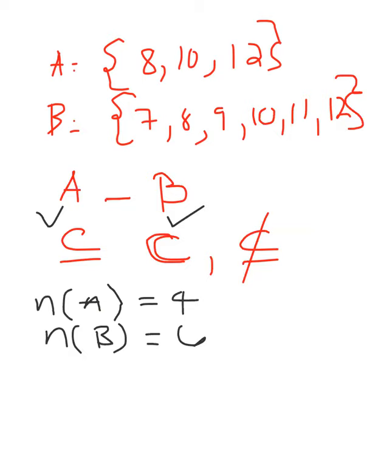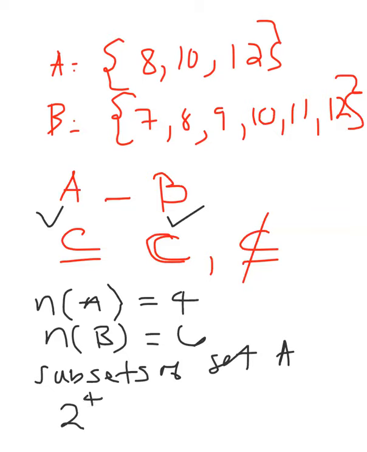Now, here's the next part. I could ask you, how many subsets does set A have? To calculate the number of subsets of set A, we take 2 and raise it to the number of elements in set A, which in this case is 4. So we'd multiply 2 times 2 times 2 times 2, because it's 2 to the 4th power, and that would give us 16.